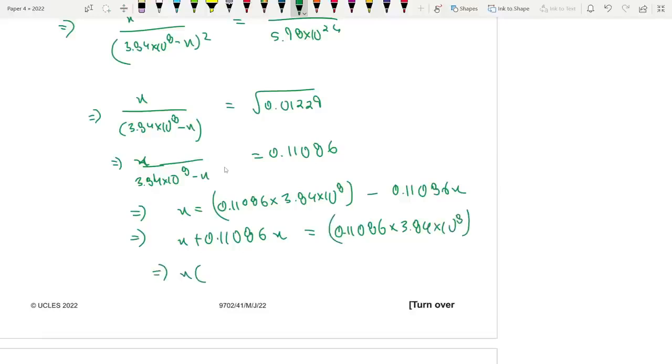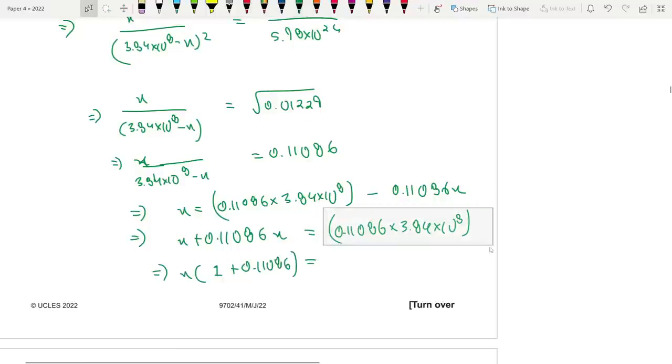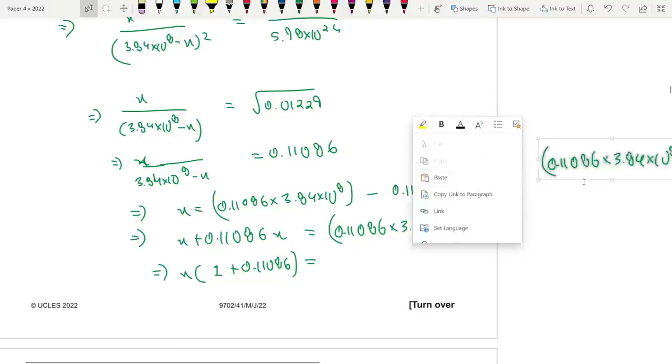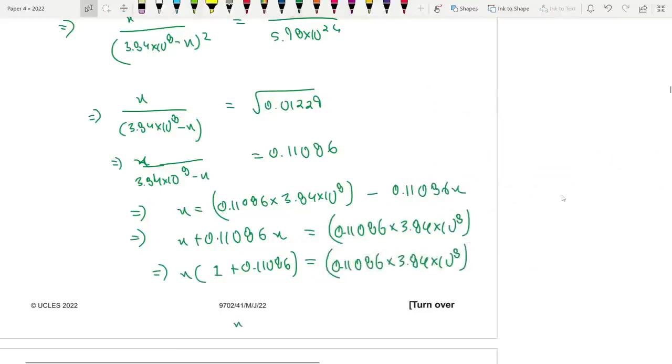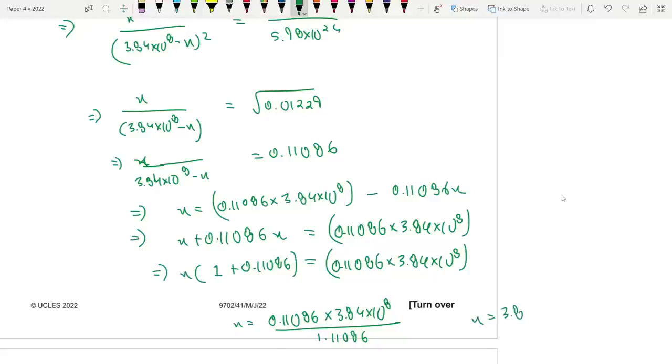Or if you take x common, we end up with 1 plus 0.11086. So x is basically equal to 0.11086 times 3.84 times 10 to the power 8 divided by 1.11086. So go for that: your calculated answer multiplied by 3.84 times 10 to the power 8 divided by calculated answer plus 1, which is 3.83 times 10 to the power 7.